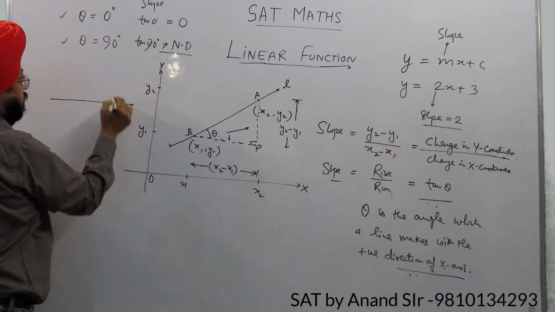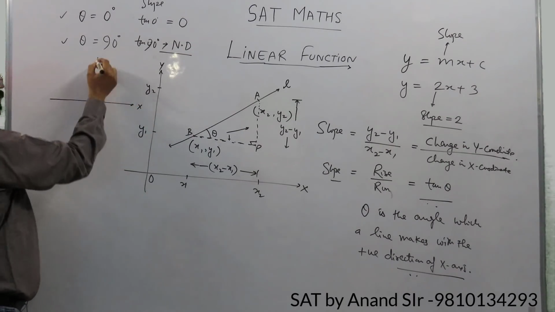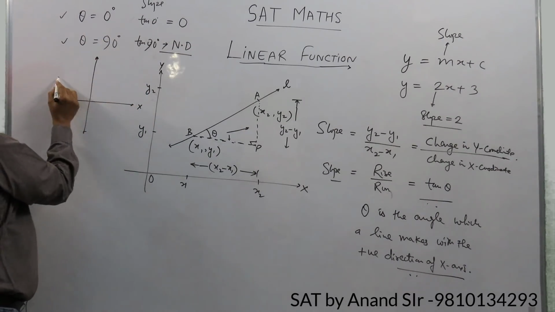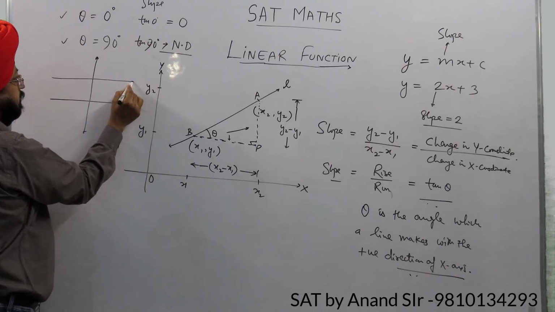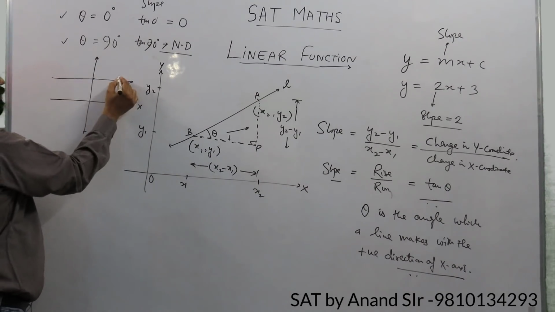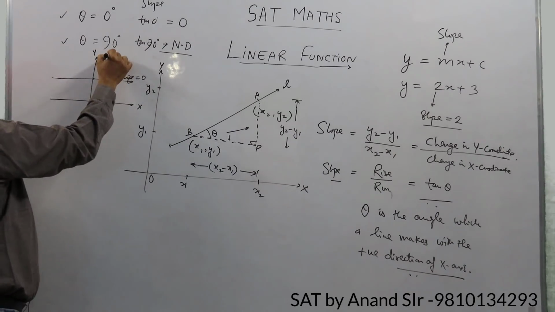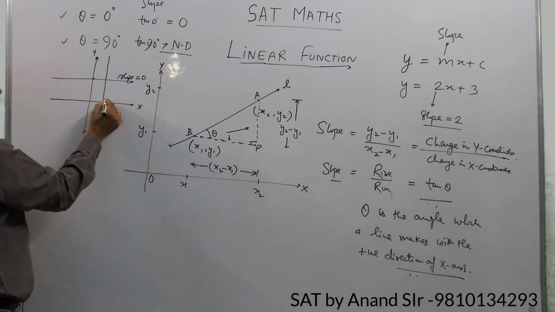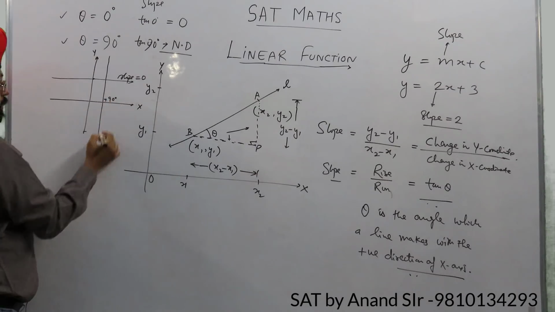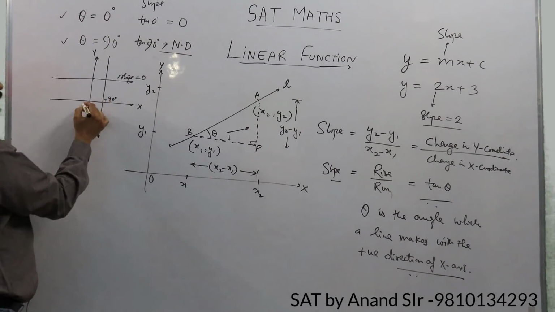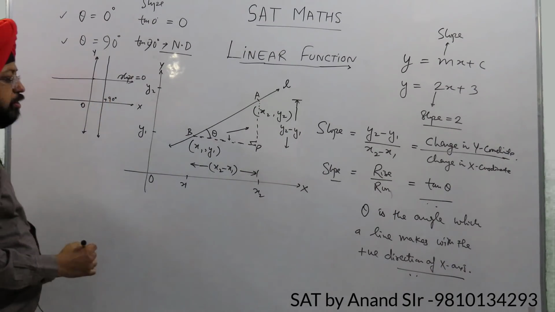See, if I have this x-axis and this y-axis, if the slope is 0, it means the line is parallel to the x-axis. And if the line is perpendicular to the x-axis, meaning theta is 90 degree, then the slope is undefined. That is, vertical lines do not have slopes.